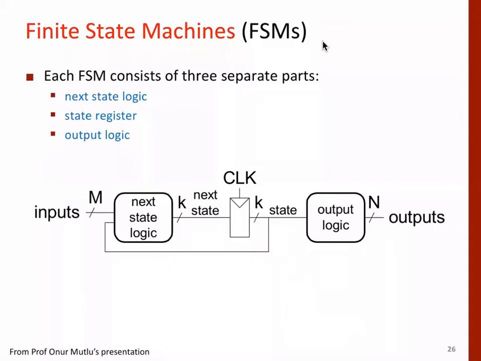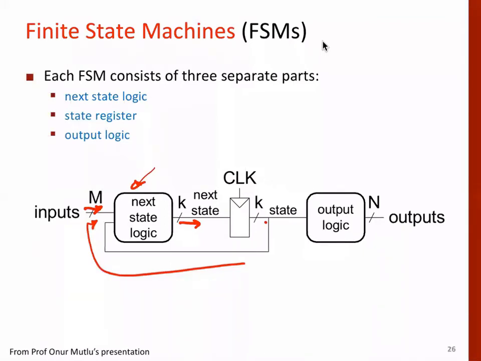So we have a next state logic here, which is nothing but a combinational circuit. And then there is a sequential circuit here. So the next state logic will determine the next state, depending on the present input and the previous state, right? The previous state is actually a function of its own previous states.